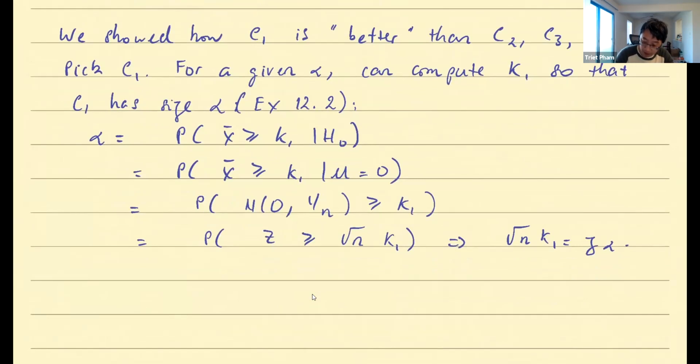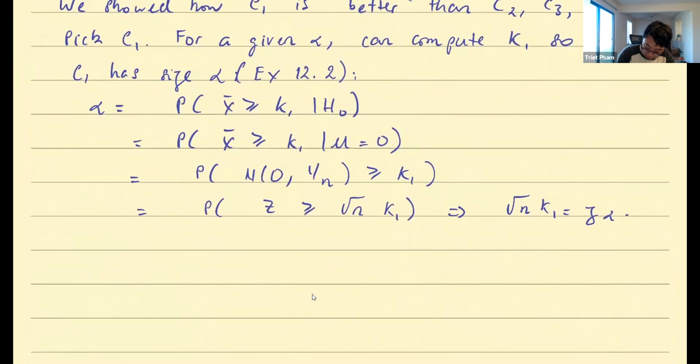After that, I can calculate alpha, beta, right? So now when K1 is specified, we can calculate beta.